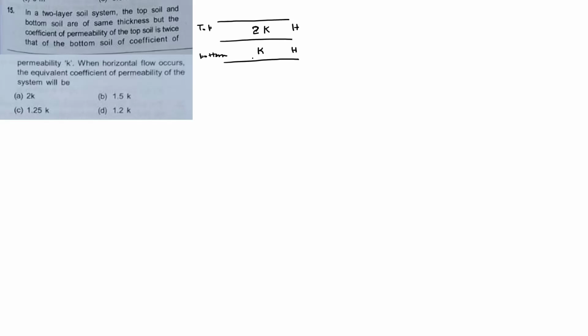So we have to find, when horizontal flow occurs, the equivalent coefficient of permeability of the system, kh. Kh is (k1h1 plus k2h2) divided by (h1 plus h2).